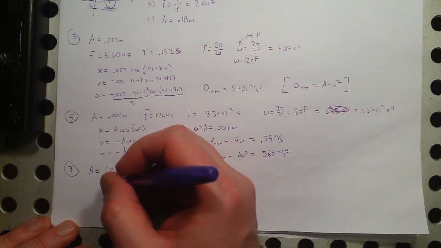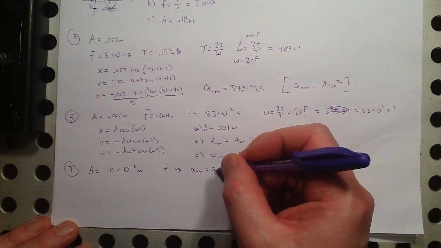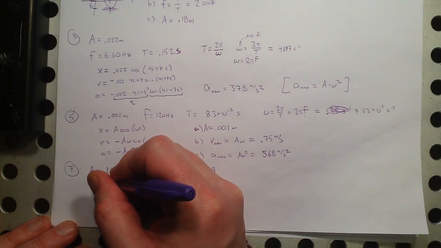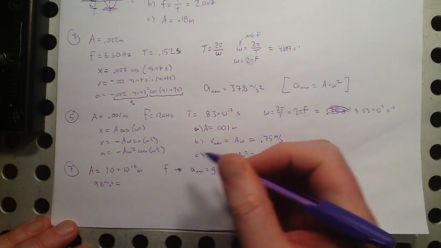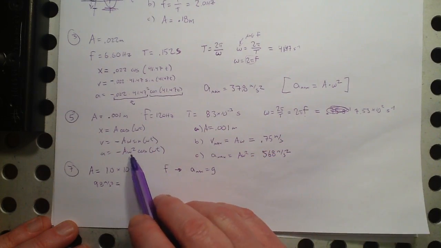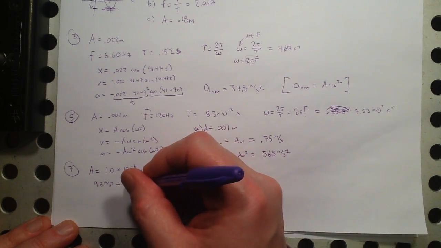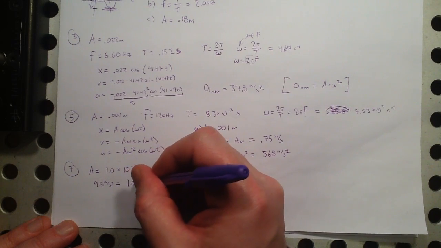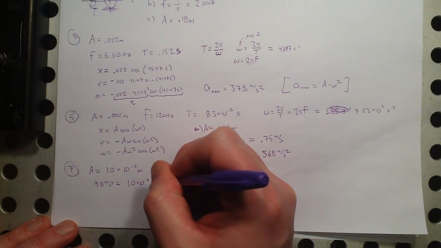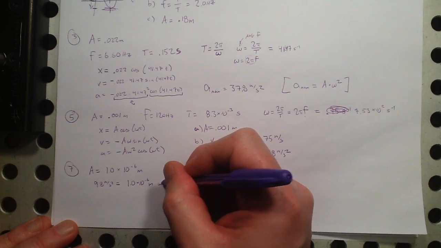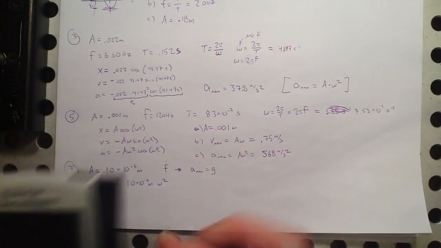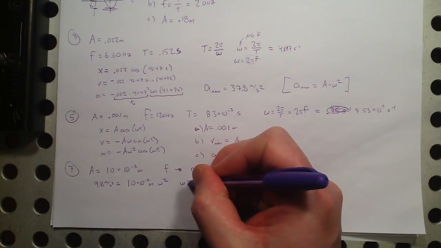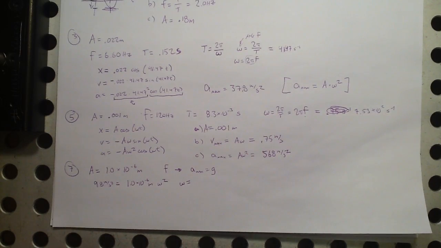Well, if we set g, 9.8 meters per second squared, equal to the maximum acceleration, which is A omega squared, we can solve for omega here. I'm going to do that off screen.